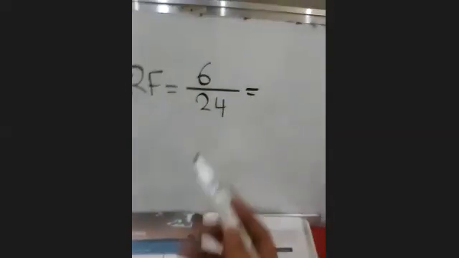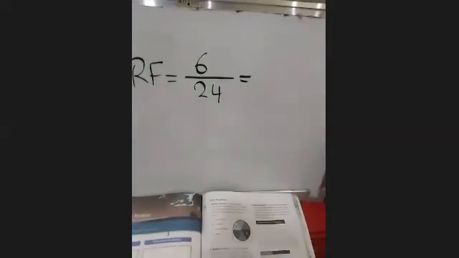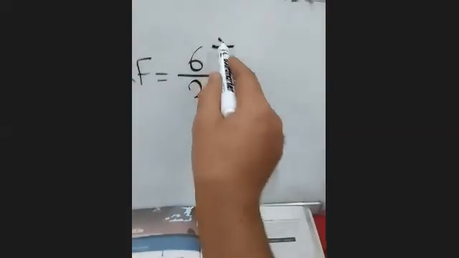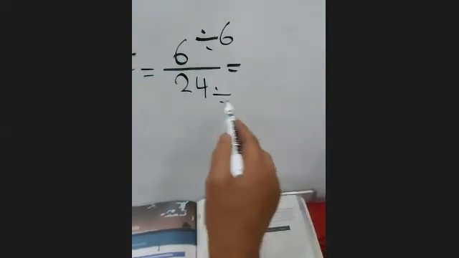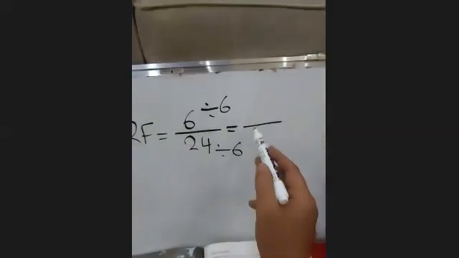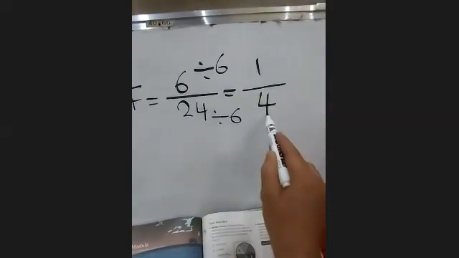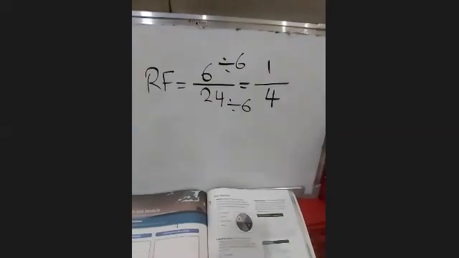Now 6 over 24, how much? Divide by 6, up and down. It will be 1 over 4. This is the relative frequency for question 4. In the table, guys, we took the idea of tables. Don't forget that.